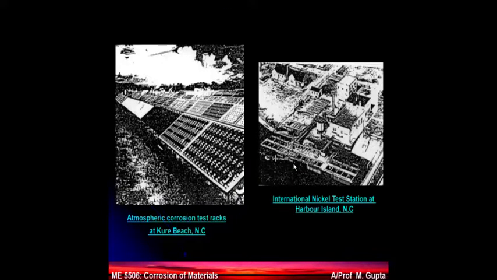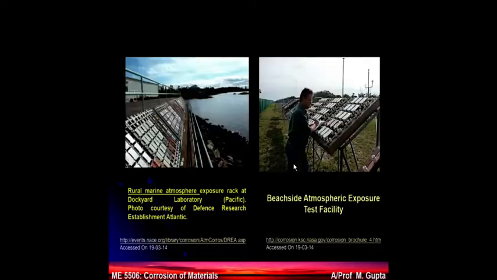So essentially, people use coupons, and here are some pictures which show that the coupons are put on racks, and this location is in North Carolina, and this is again at Harbor Island in North Carolina. The idea is to expose the sample to a certain atmospheric condition and make a record.